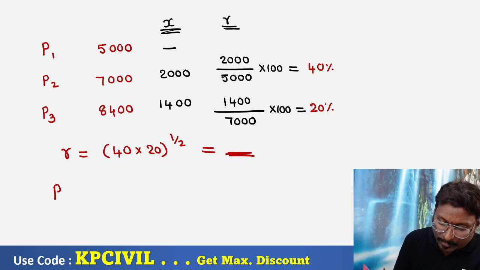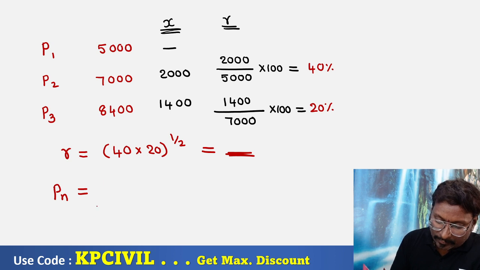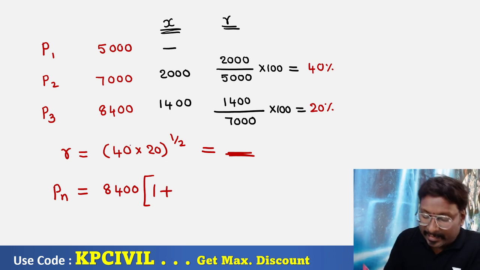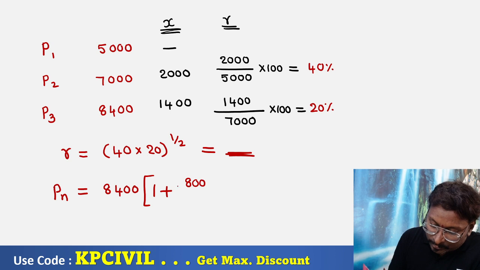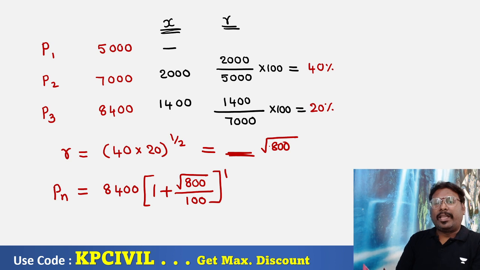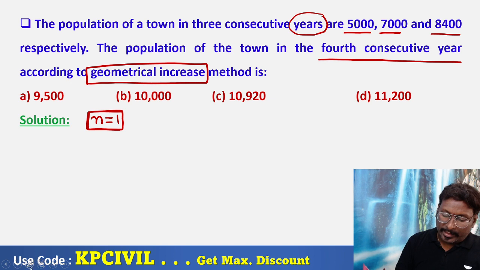So now future population is equal to, after solving, 8,400 into (1 plus root 800 by 100) whole power 1. 1 by 2 is nothing but root 800. So root 800 is taken directly as the R value, whole power 1. What are you getting after substituting?